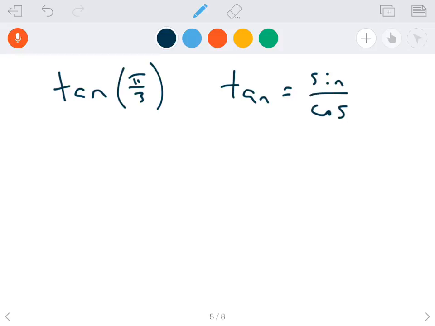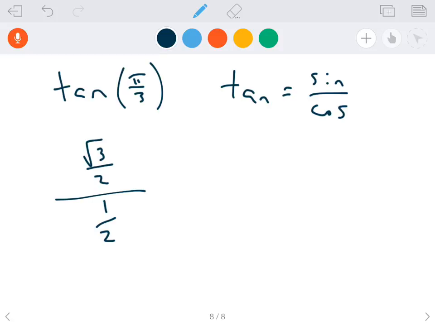What if it asks you for tangent? I need to know my trig identities to make this easy. I know that tangent is sine over cosine. And so I think about my sine at pi over 3, which I know was square root of 3 over 2, over the cosine of pi over 3, which we just said was 1/2.